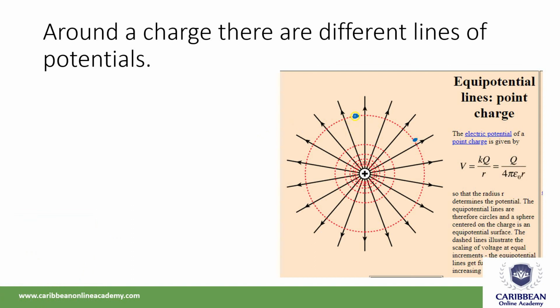If we had two particles, one here and one here, on the same equipotential line, then there will be no potential difference. But if you had one point here and another on this point, then you will have a potential difference. All right.